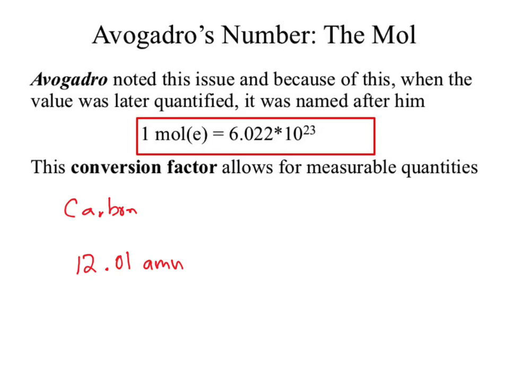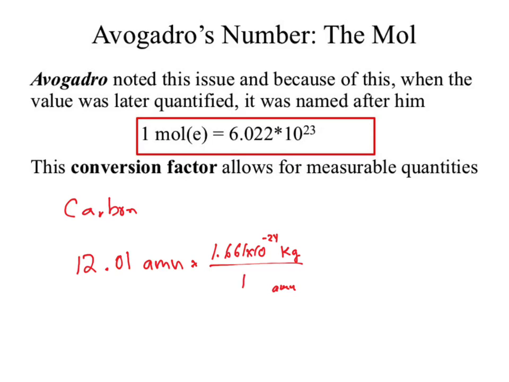Well, an atomic mass unit is this weird kind of meaningless number. It's not an actual measurement. So we could look at the conversion between AMUs and kilograms. That conversion I'm not 100% sure on, but let's say 1.661 times 10 to the negative 24th kilograms is 1 AMU.